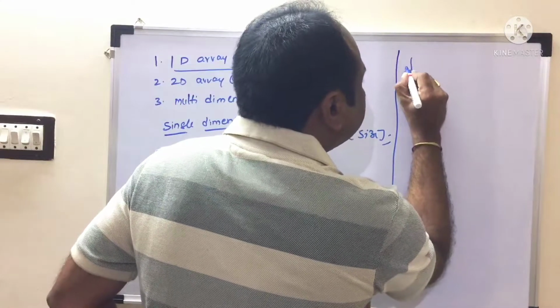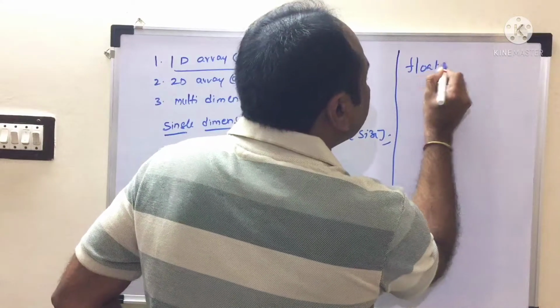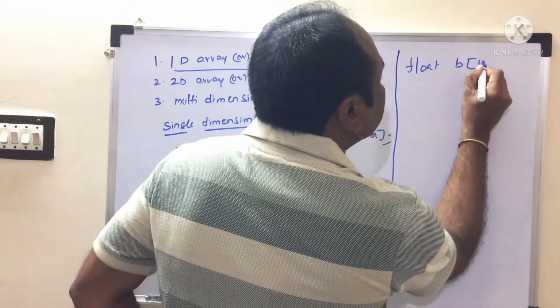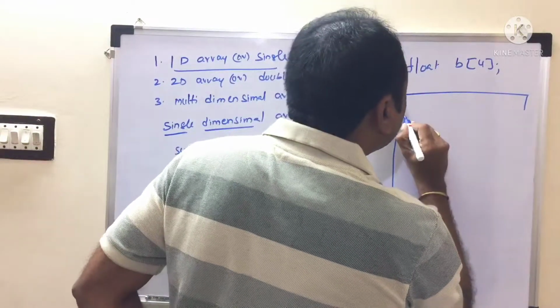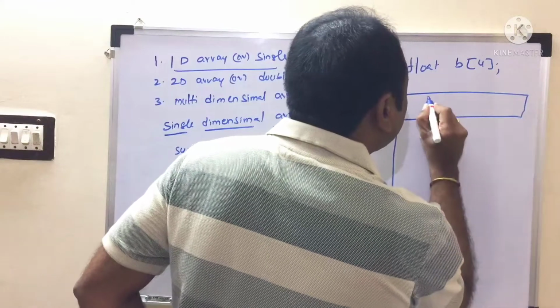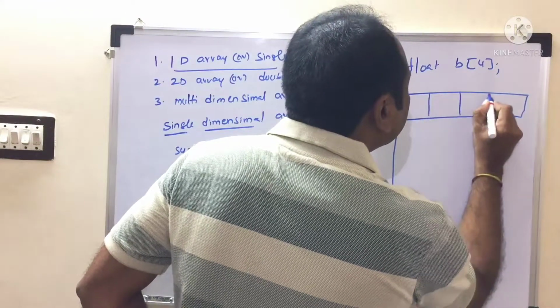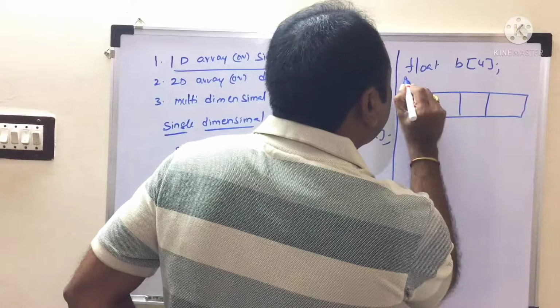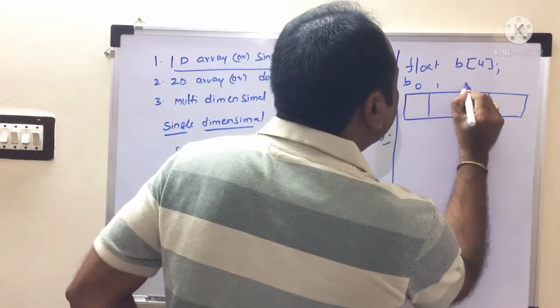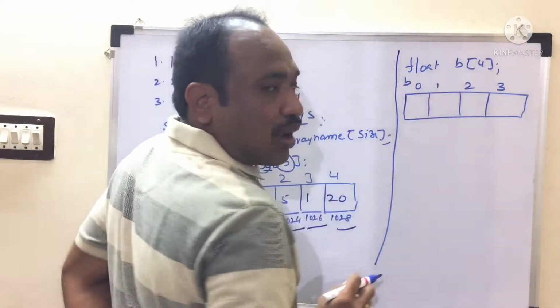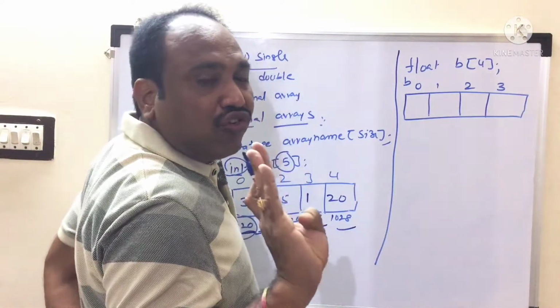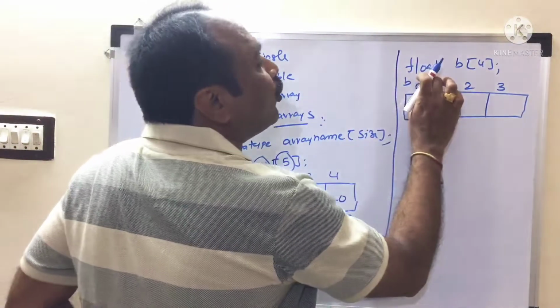Now I am taking float b of 4. What is the meaning of this? Under the array name b, we are going to store 4 values: 1, 2, 3, 4. Array name b, b of 0, b of 1, b of 2, b of 3. Whatever 4 values I am going to store, these 4 values should be float values.